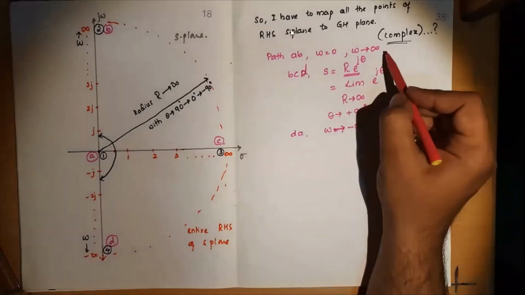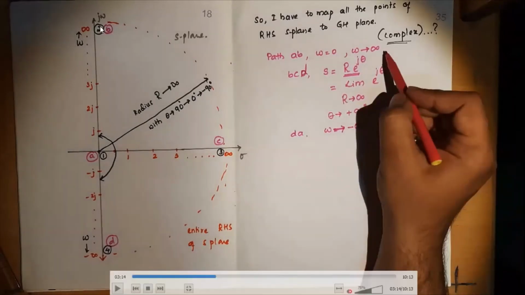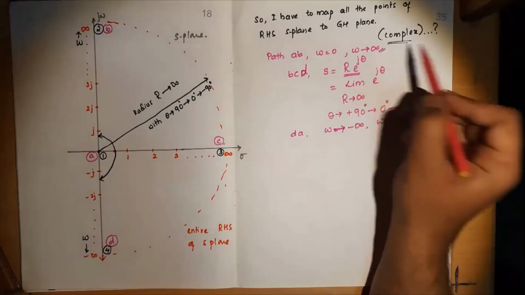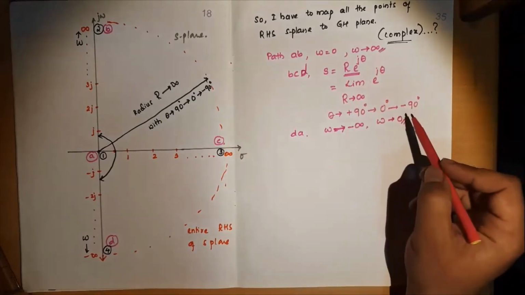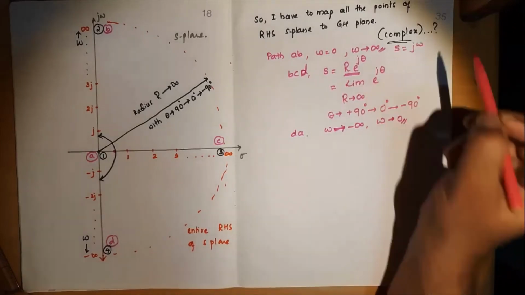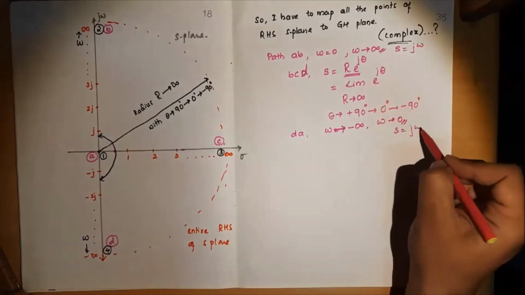So all paths are covered: 0 to infinity, then 90 to 0 degree, 0 to minus 90 degree, then minus infinity to 0. So these are the points which cover the entire right half of S plane. Path AB and DA are somewhat similar, they are symmetrical. So there we need to substitute S equal to j omega.